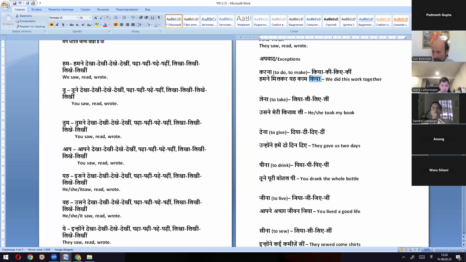Some other frequently used verbs like lena, to take, and dena, to give, also have this unusual kind of changing into past definite tense. Like he or she took my book, we'll say उसने मेरी किताब ली.